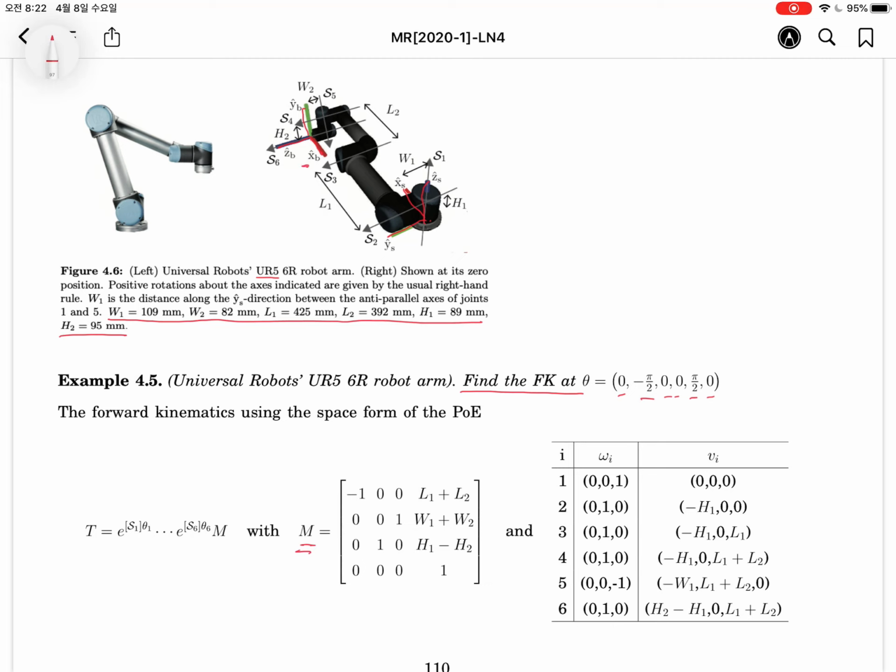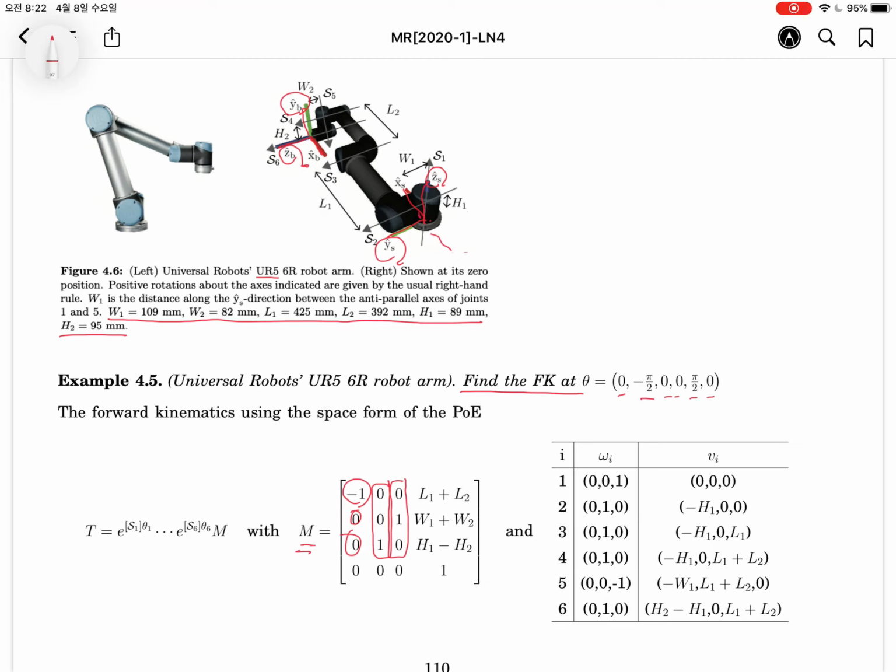This x-axis is aligned to minus x, so minus 1, 0, 0 appears as the first column of the M matrix. Y is aligned to z, so 0, 0, 1. And z-axis is aligned to y, so 0, 1, 0.